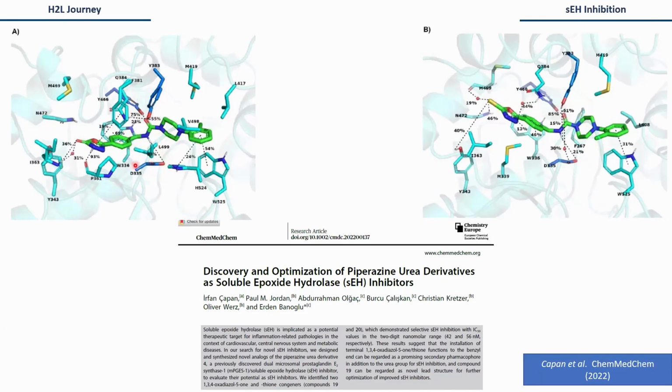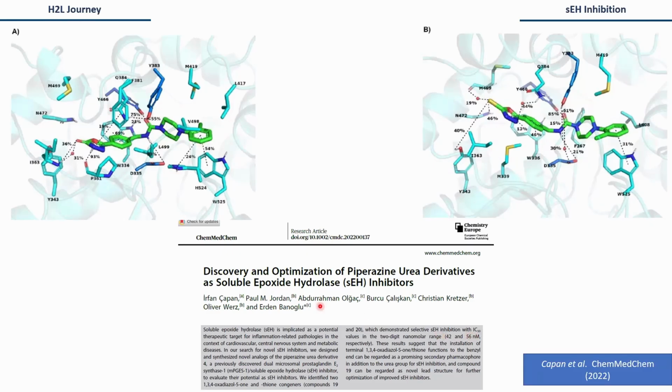So by keeping this crucial interaction, we were also able to make further hydrophilic contacts here and hydrophobic contacts here with the tryptophan ring and histidine ring system. In this way, we developed nanomolar level compounds as piperazine urea derivatives, and these compounds were showing low nanomolar inhibitor effects on the target.